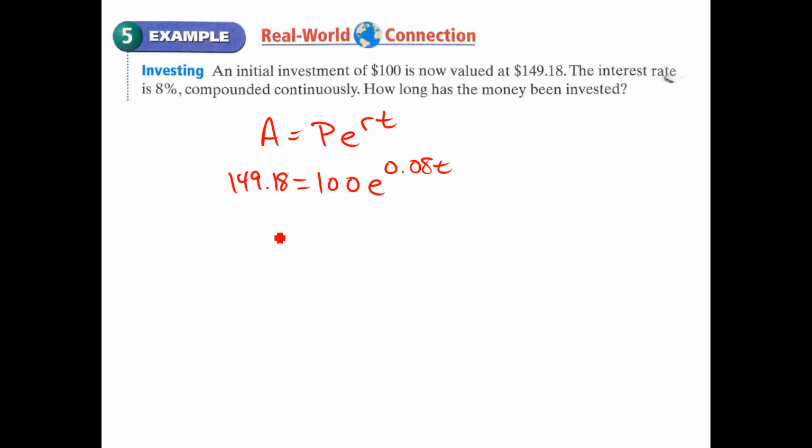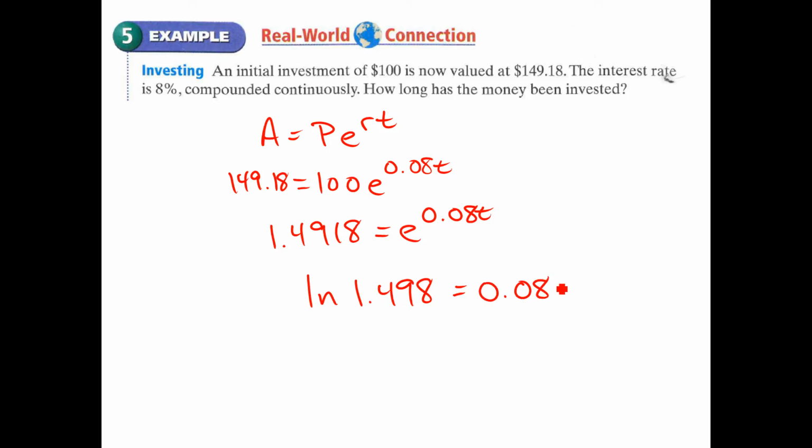Let's divide by 100. 1.4918 equals e to the 0.08t. How do we get this e rearranged? We're going to write natural log of 1.4918 equals 0.08t. We're going to divide by 0.08 to get the t.